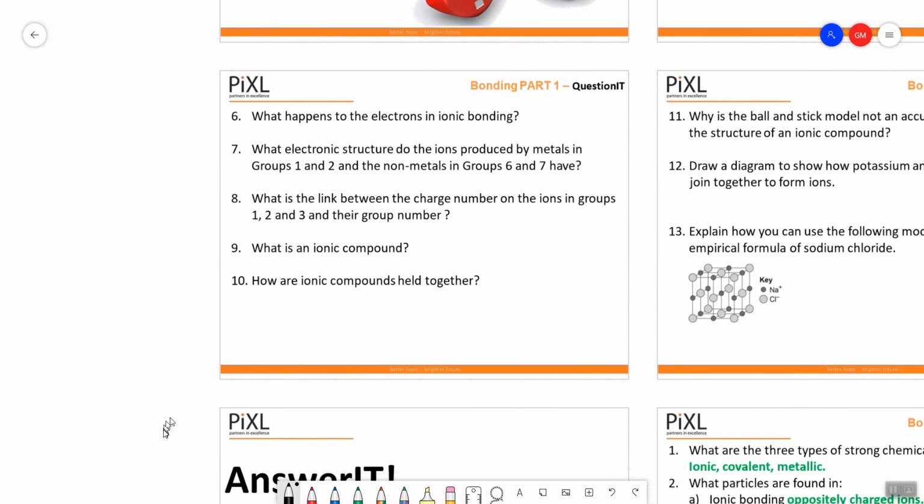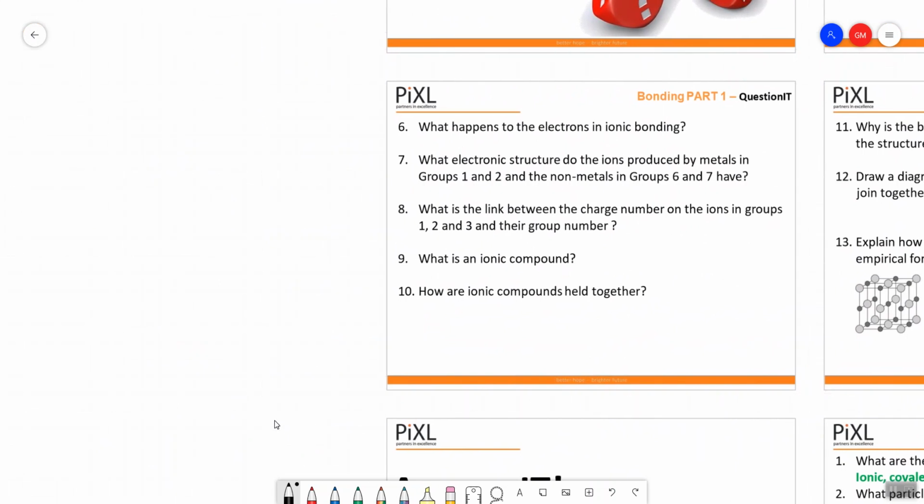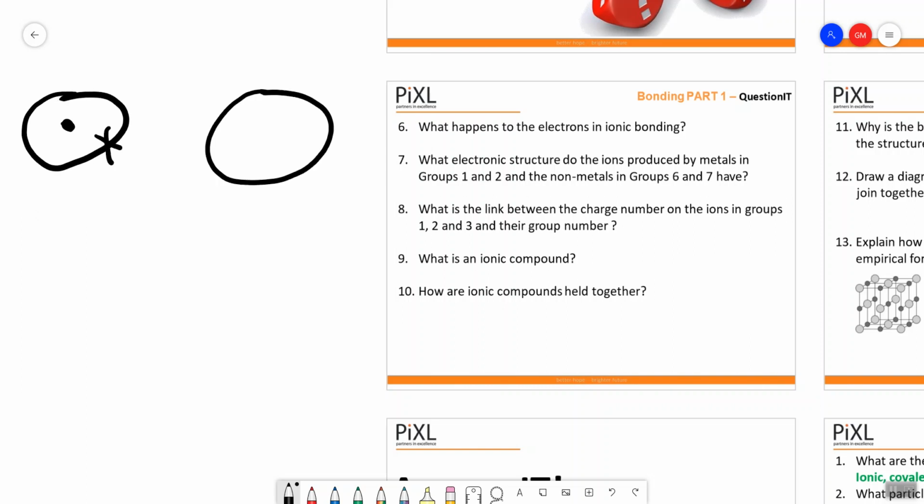What happens to the electrons in ionic bonding? Remember, ionic bonding is transfer of electrons. Let's do a simple example. Here's my electron, it's a group 1 metal. Here's the outside shell of a group 7 element. 1, 2, 3, 4, 5, 6, 7.